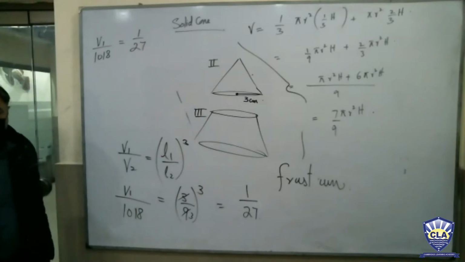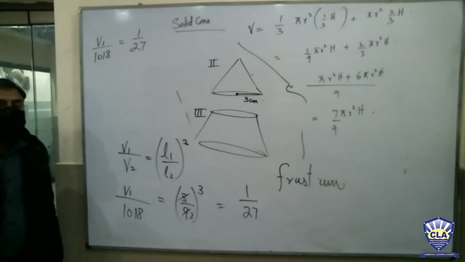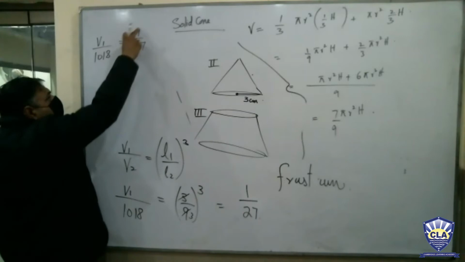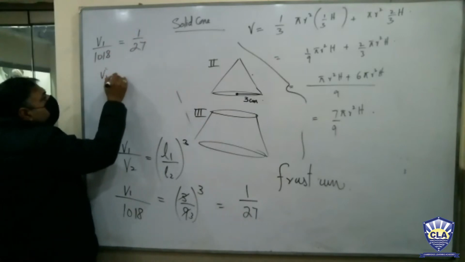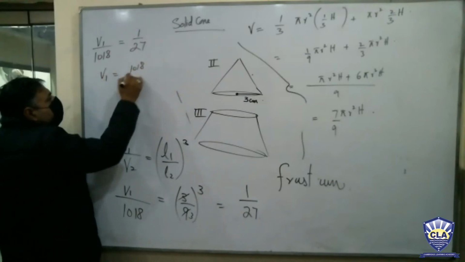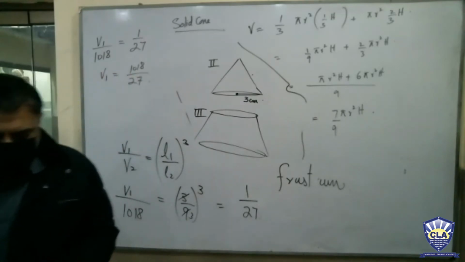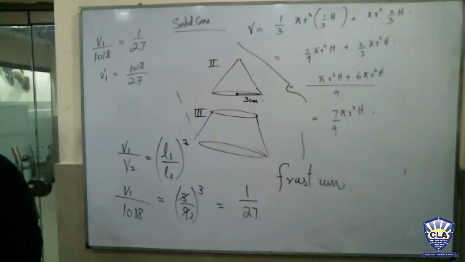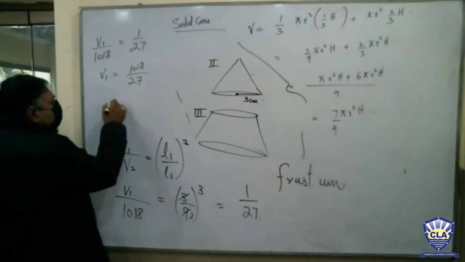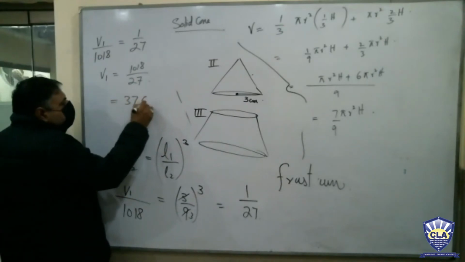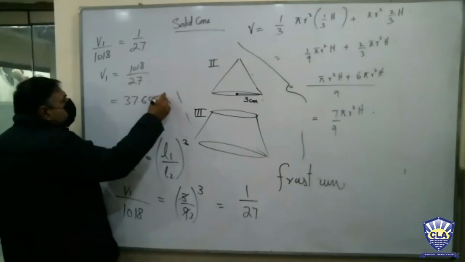So what is the volume of the smaller cone? Move to this side. V1 equals 1018 upon 27. You will get the answer 37.69 centimeter cube.